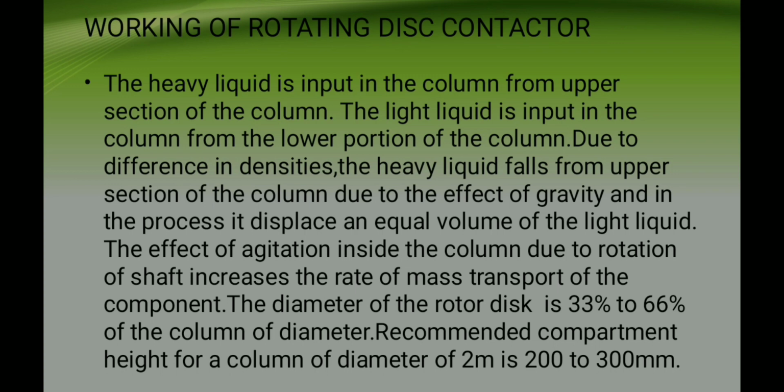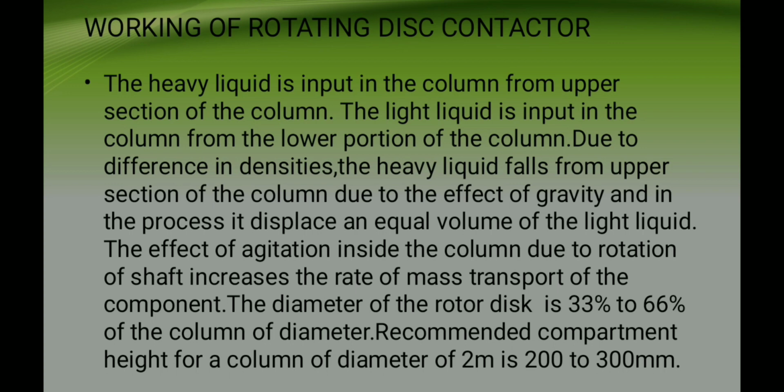The effect of agitation inside the column due to the rotation of the shaft increases the rate of mass transfer of the component. As I showed, we have a center impeller which will rotate stage by stage, which promotes separation of the liquid and mass transfer of the component. The diameter of the disc is 30% to 66% of the column diameter.